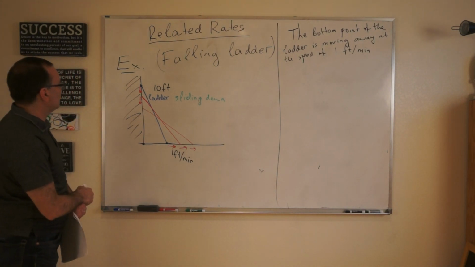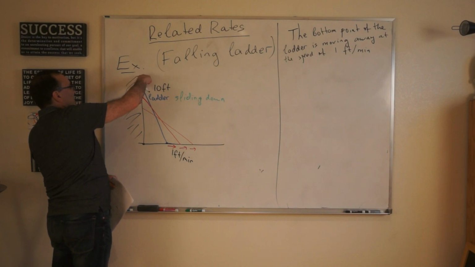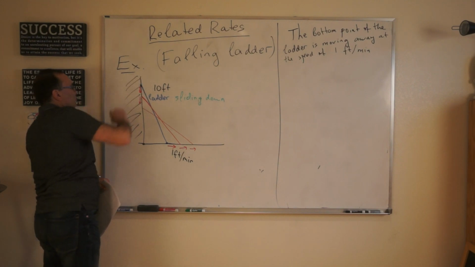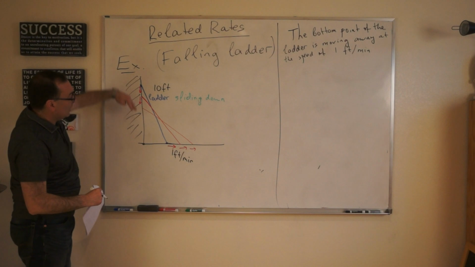And now the question is, how fast does the top point of the ladder move down? It does move down because the ladder is sliding down.